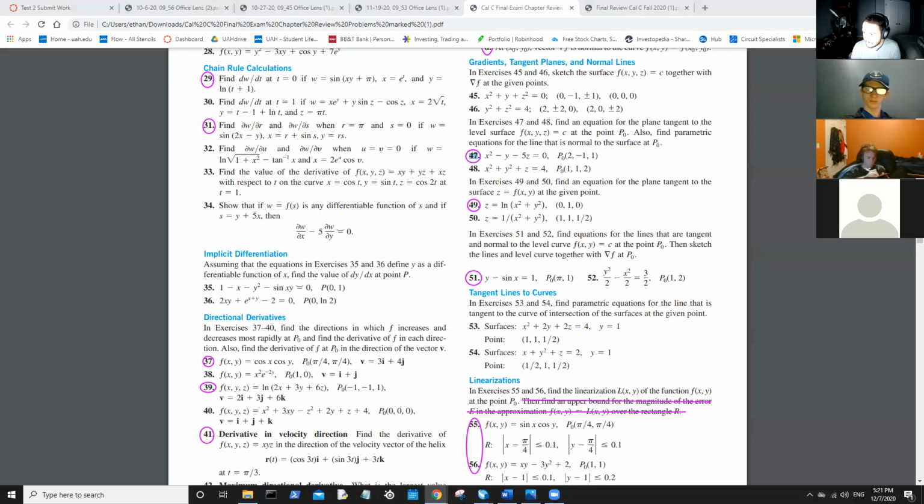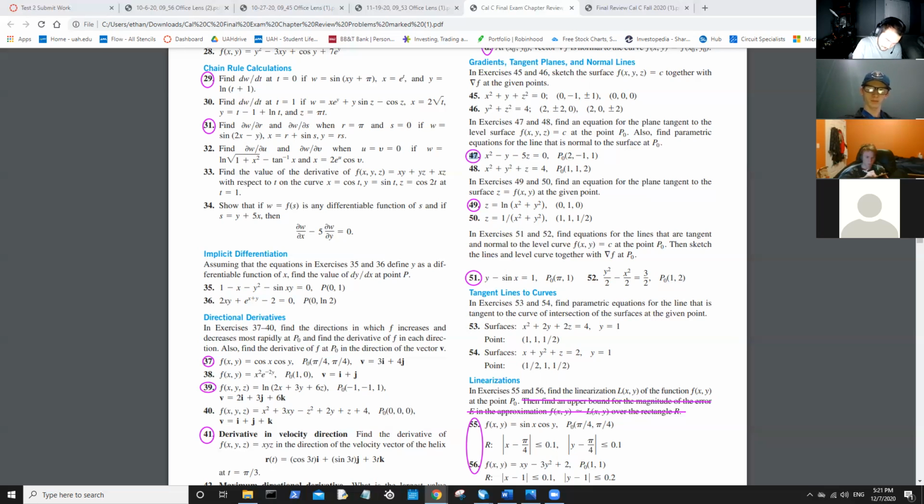We can take the coefficients on i, j, k from the gradient, and those correspond to a, b, c in the plane equation. So we construct 4 times (x minus 2), plus or minus 1 times (y plus 1).